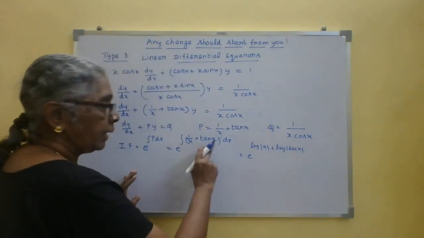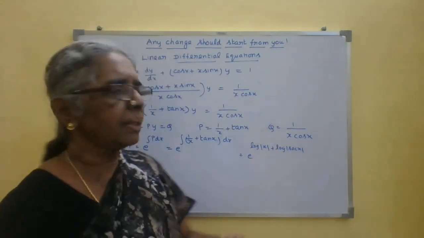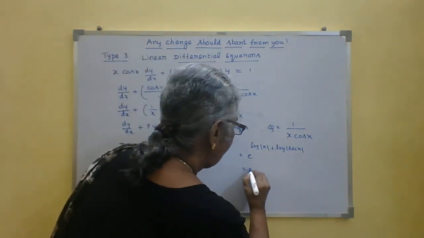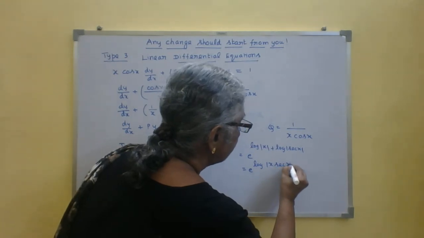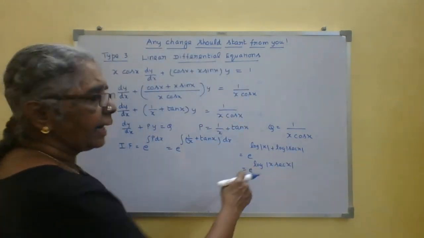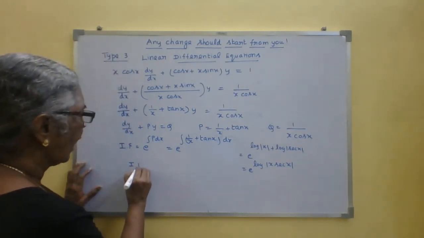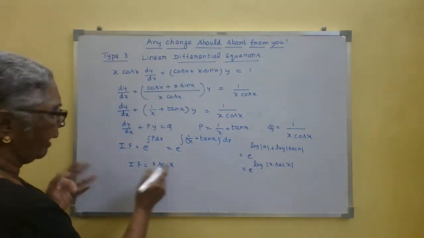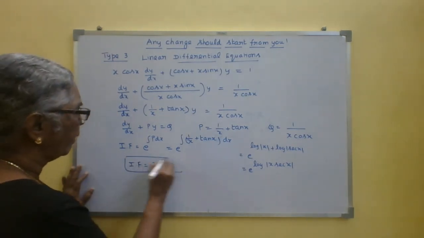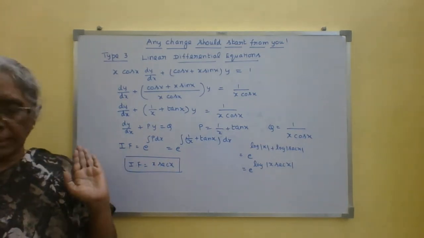Now this is like log a plus log b, which I can write as e power log mod (x secant x). Since e and log are reciprocal functions, I get my IF is equal to x secant x. I can write x secant x or x by cos x, whatever it is. So now this is my IF.